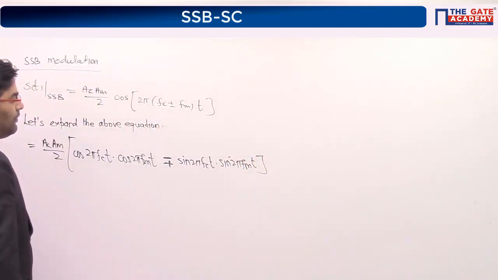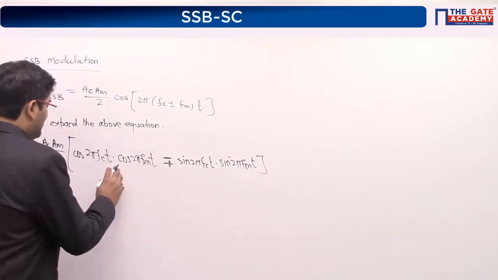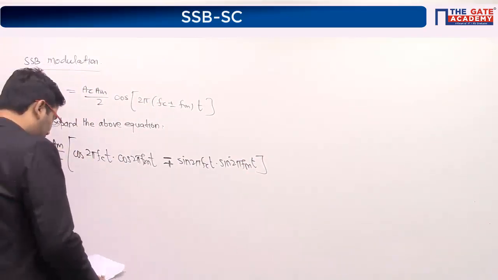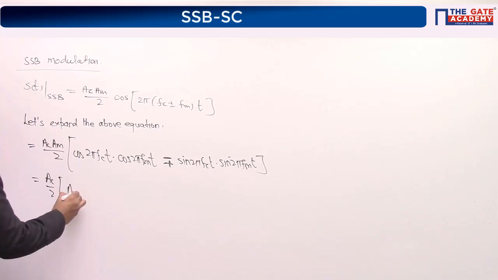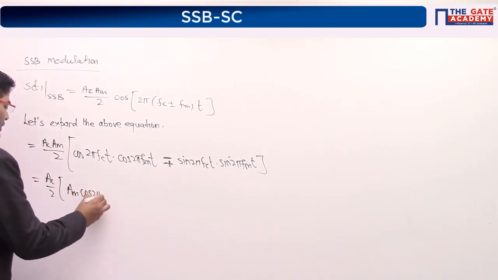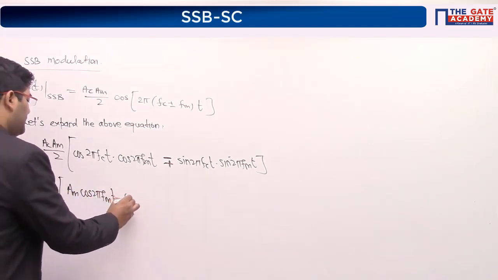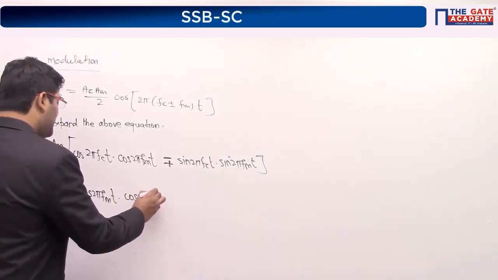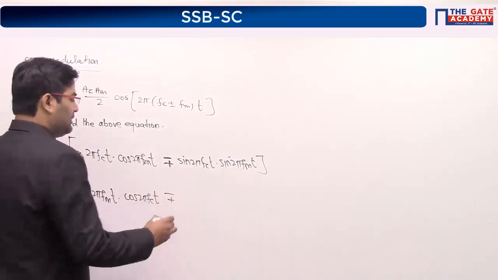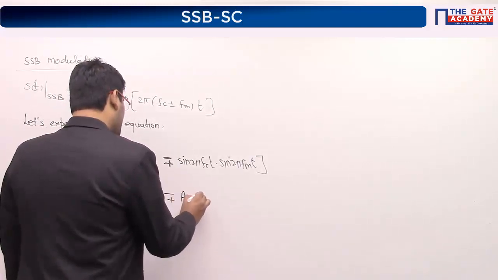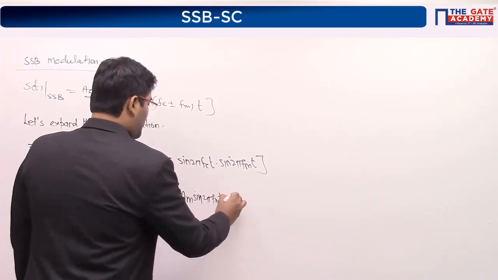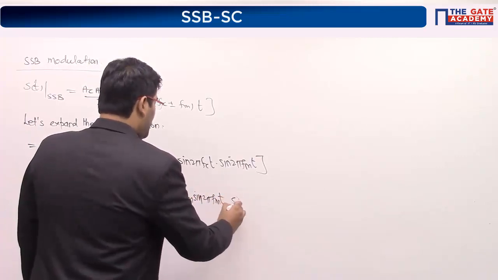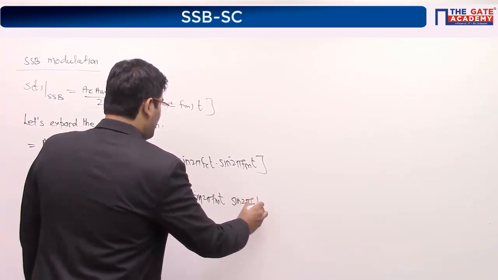Okay? Now guys, we know that this AM cos 2 pi FMT was our message. So let me take it inside so that we can write AM, I'm rearranging guys, don't worry. AM cos 2 pi FMT cos 2 pi FCT minus plus AM sin 2 pi FMT and sin 2 pi FCT.